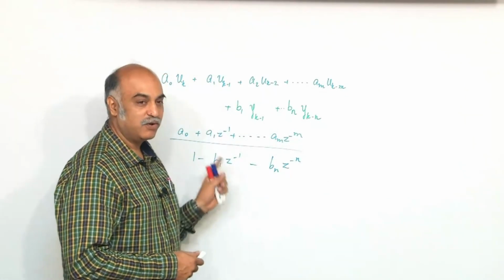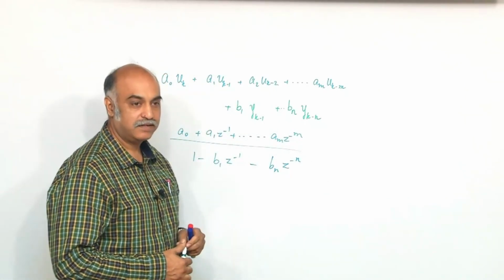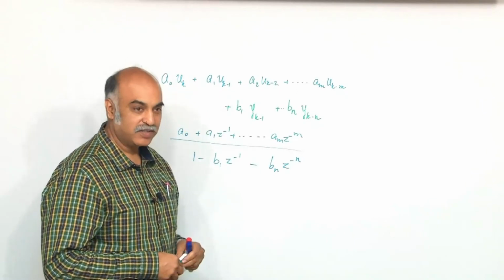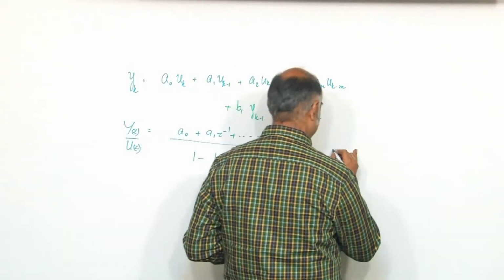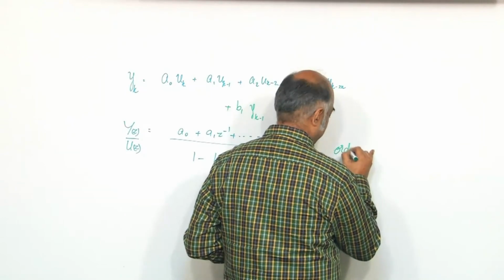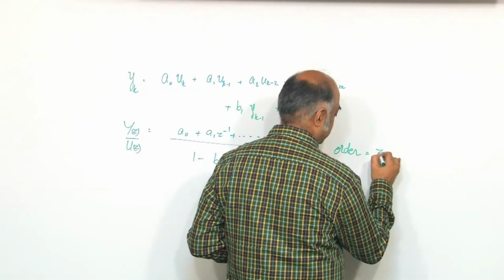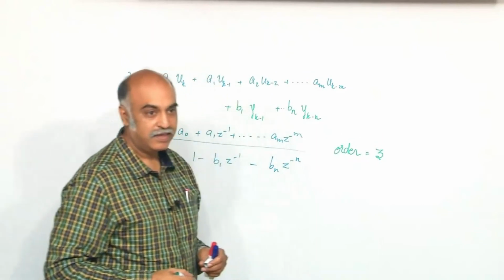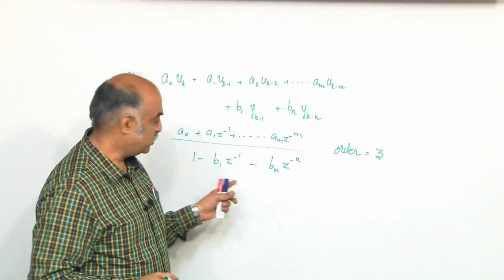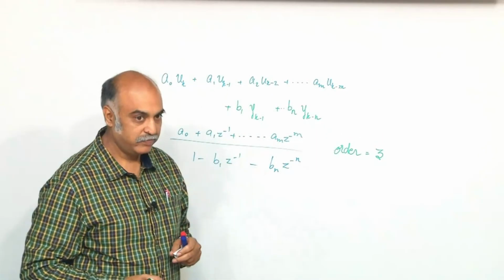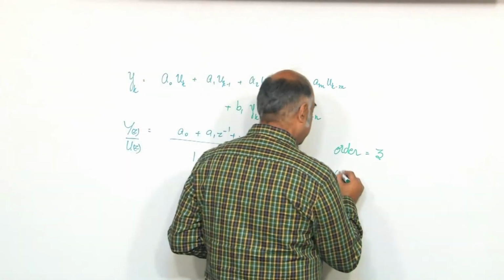Order of the filter, you will go only by the denominator. Order of the transfer function is 3, right? The order of the transfer function, because you go by the denominator. Order of the filter is also 3.